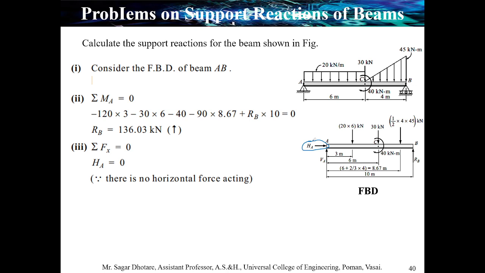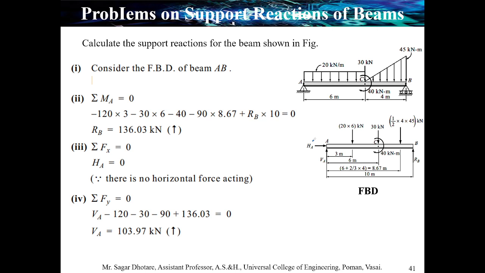So we can get VA, that is the vertical component acting due to the hinge support. VA upward direction positive, 120 kilonewton in downward direction minus, 30 kilonewton acting in downward direction minus.